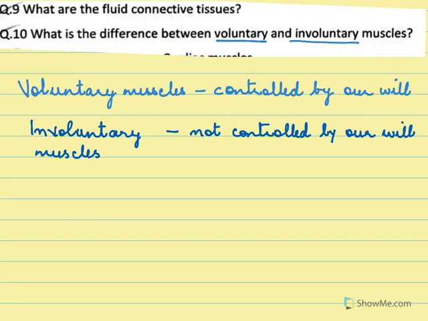So those which are controlled by our will are voluntary, and those which are not controlled by our will are involuntary. An example of voluntary muscles are those of our limbs, our hands, our legs. Involuntary muscles are those of our heart, of our intestines. We have no control over them.